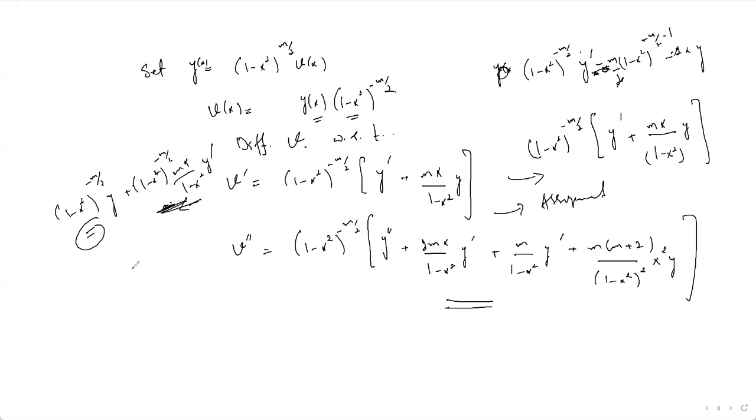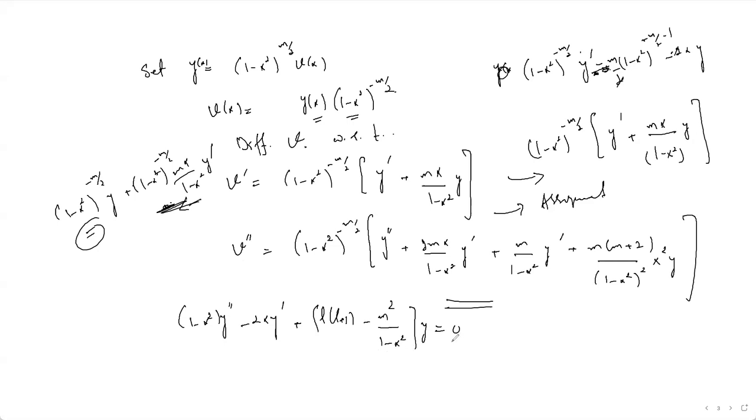So the Legendre differential equation is: 1 minus x square into y double prime minus 2x y prime plus L into (L plus 1) minus m square divided by 1 minus x square, into y, equal to 0, on substituting these into that equation.